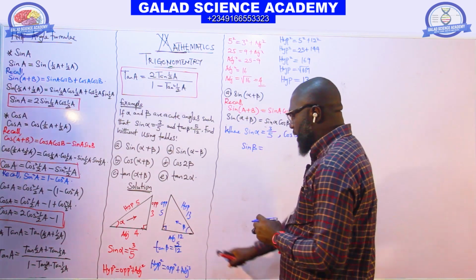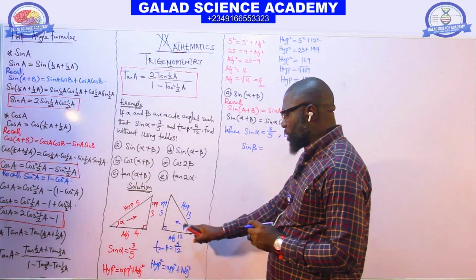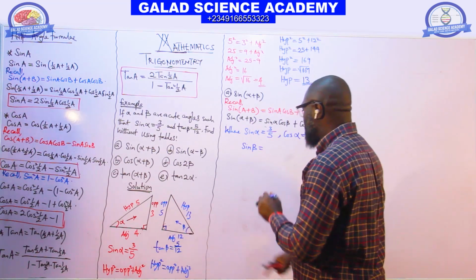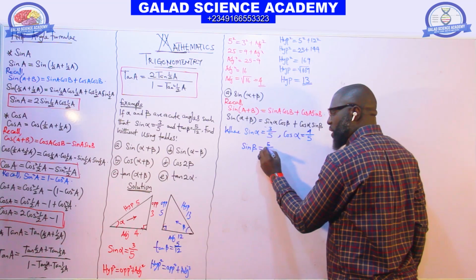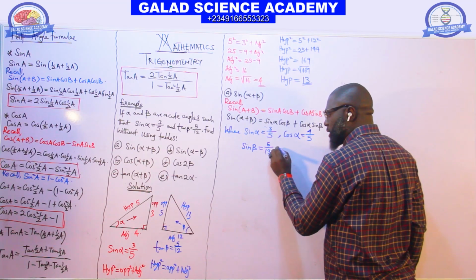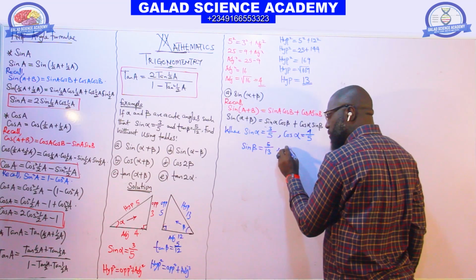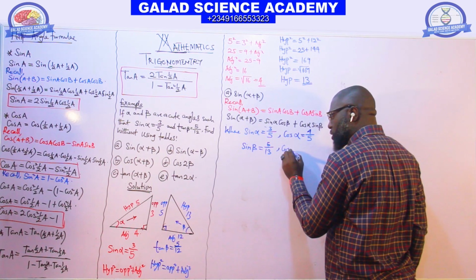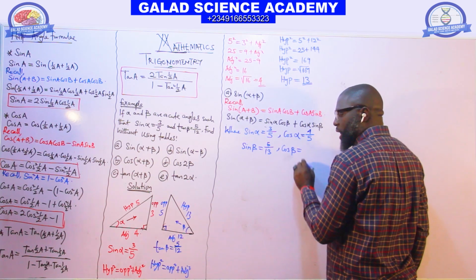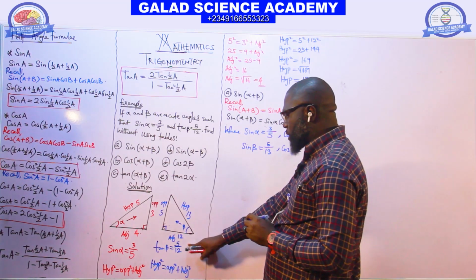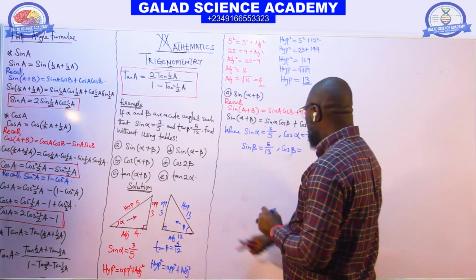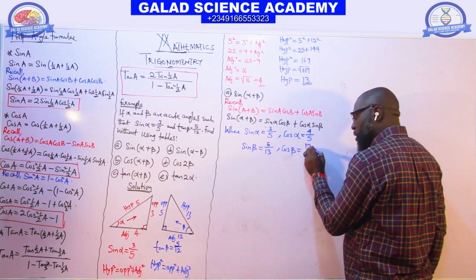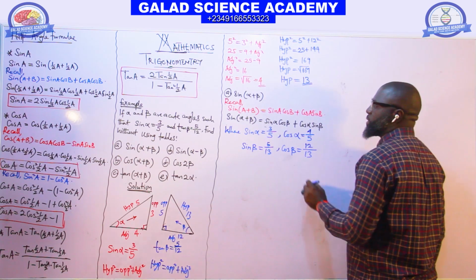Sine beta is opposite over hypotenuse, which is 5 over 13. And what will be cos beta? Cos beta will be 12 over 13.